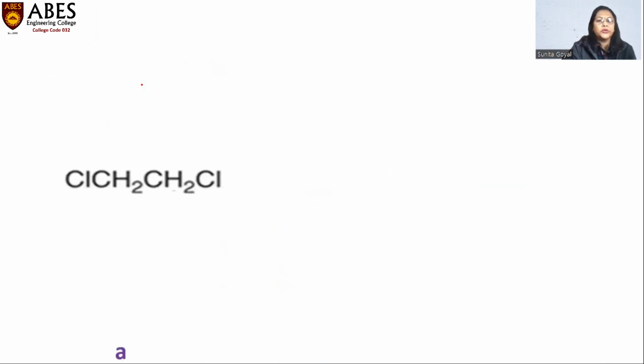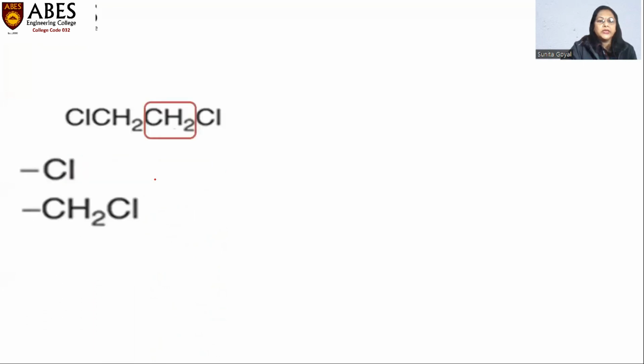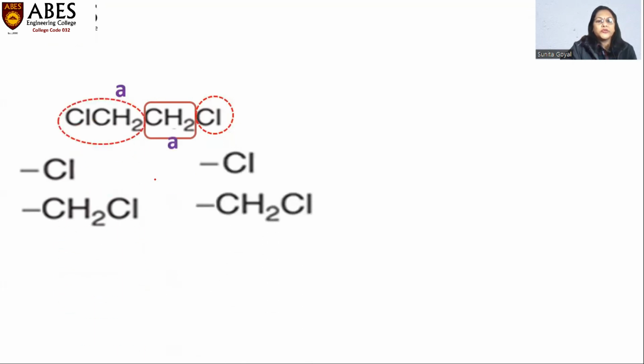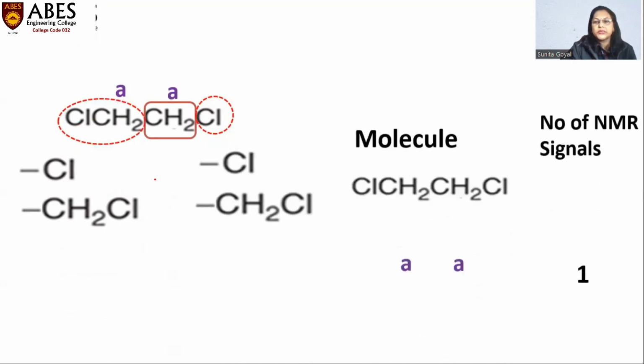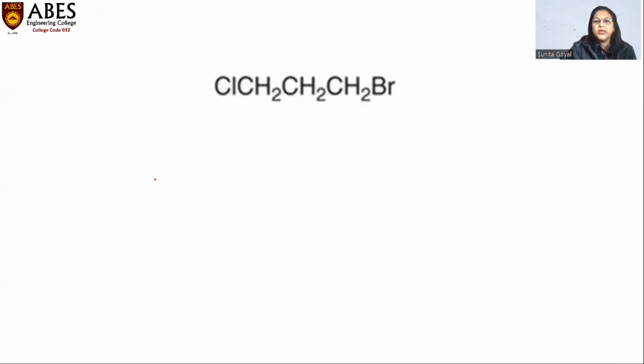In the next molecule, there is CH2Cl and also CH2Cl. That means the chloride is in the vicinity of both carbons, both sets of protons. Therefore, all 4 protons will be similar to each other. So there is only one type of signal for the 4 protons, so the NMR signal is only one.